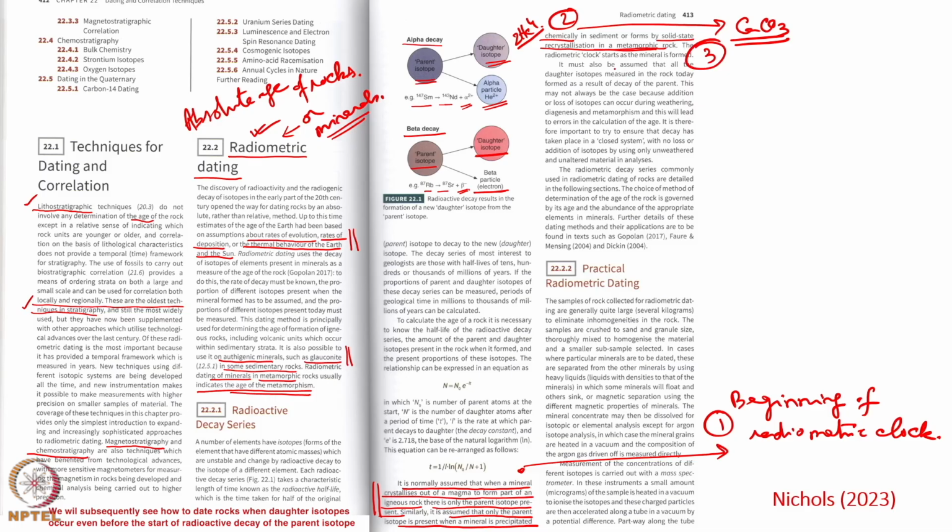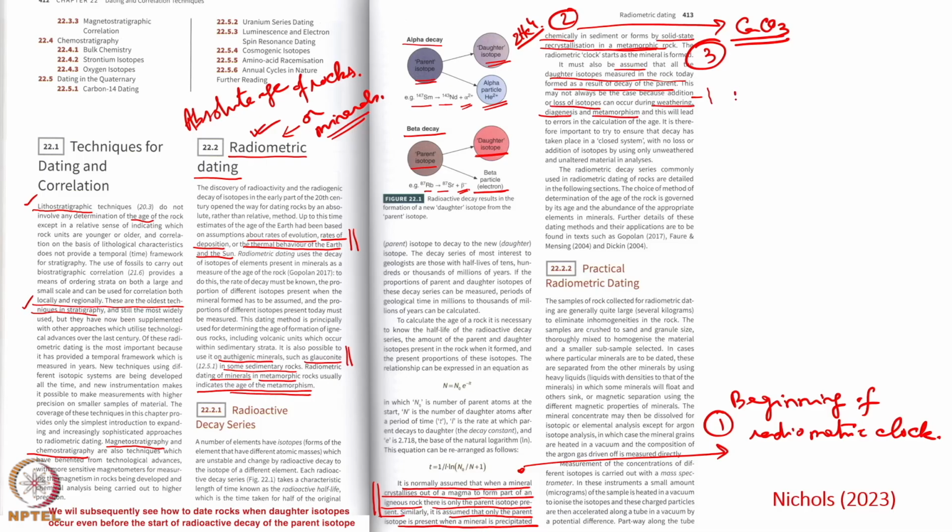So, it looks like all the daughter isotopes measured in the rock today are formed as a result of decay. Now, here comes the change in the idea. This may not always be the case, because addition or loss of isotopes can occur during weathering, diagenesis and metamorphism.